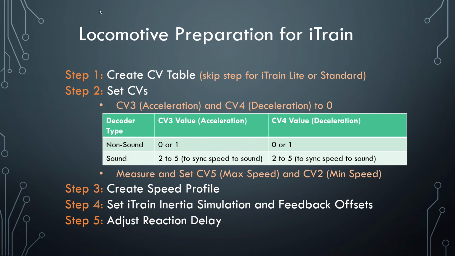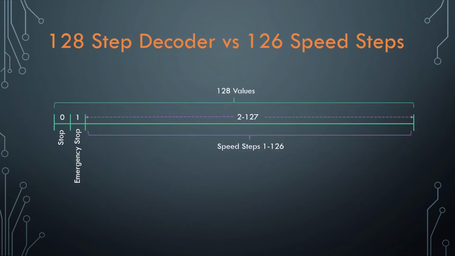When you purchase a modern decoder, it will be described as a 128 step decoder, which is a bit of a misnomer. It should really be called 126 speed step mode for consistency, and I'll try and explain why.